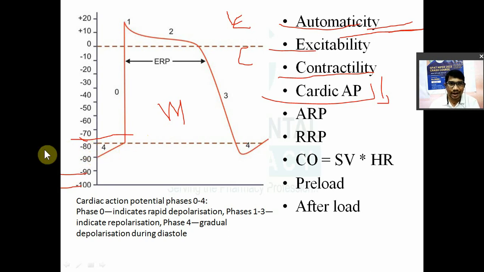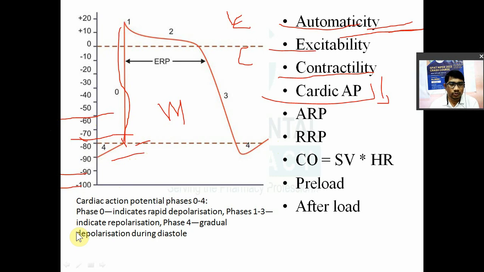At this potential there is a very slow movement of potassium ions. Once this potential is attained, what happens? There is a rapid movement of sodium ions inside the cell, and that causes phase 0, known as rapid depolarization. यहाँ तक देखो -75 पोटेंशियल, 70, 65, so -70 या फिर 75 बोल सकते हो.